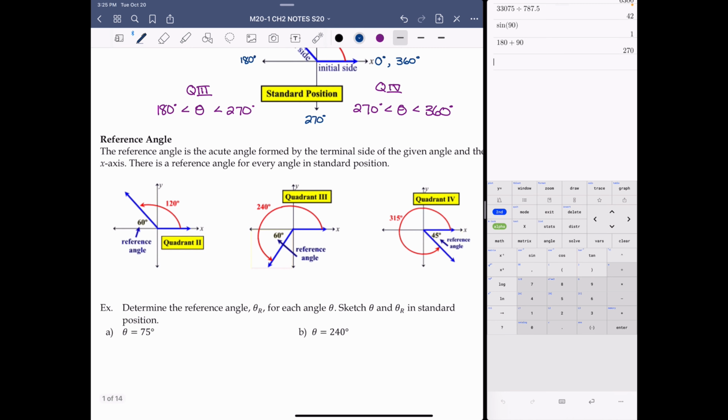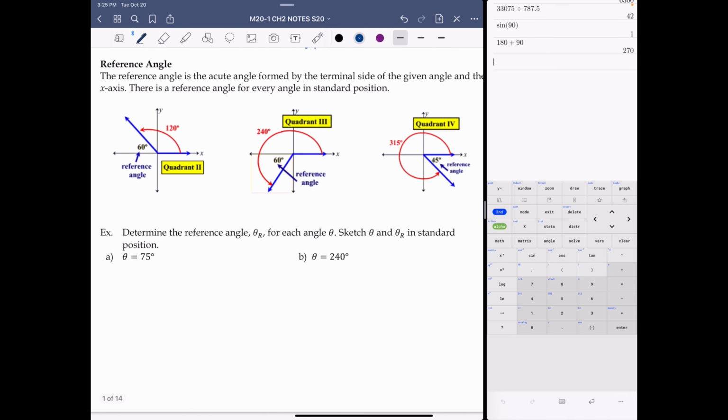Reference angle. The reference angle is the acute angle formed by the terminal side of the given angle and the x-axis. There is a reference angle for every angle in standard position. So this image shows us that in quadrant 2, we have this angle in standard position. It's 120 degrees, and the terminal arm ends in quadrant 2.